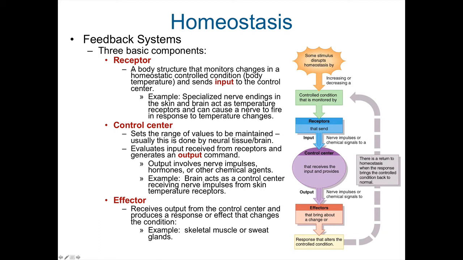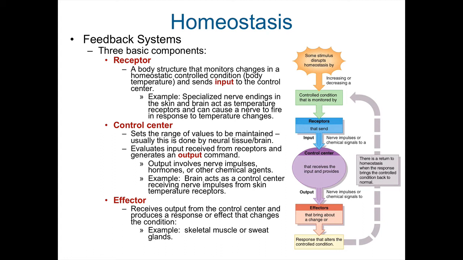It could be present inside your body or on the outer surface of your body. A receptor is something that senses a change. For example, we have thermoreceptors in our skin that detect temperature differences. We know that it is hot outside because thermoreceptors in our skin are detecting that change.